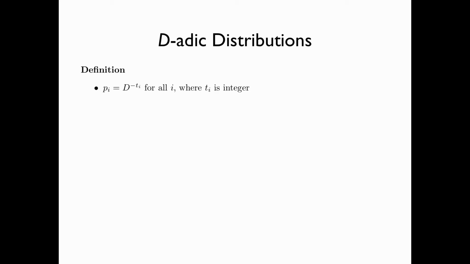We now introduce a special class of probability distributions. A distribution is called d-adic if p_i is equal to d to the power minus t_i for all i, where t_i is a positive integer. When d is equal to 2, it is called a dyadic distribution.